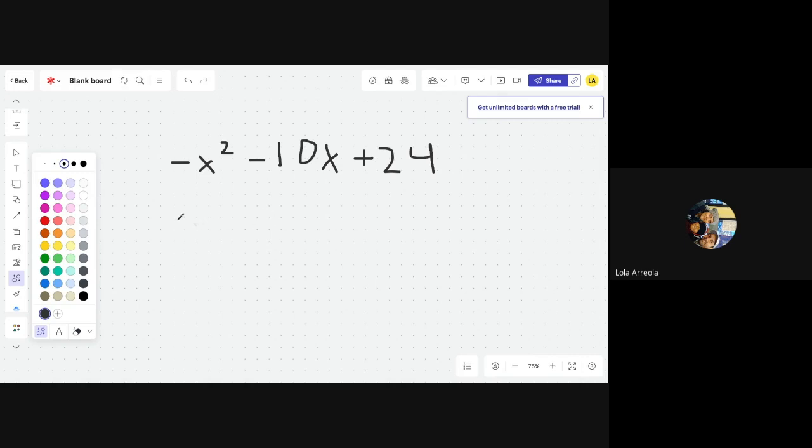Okay. So again, if I align this with the standard form of a quadratic equation, this would be the standard form, ax squared plus bx plus c.